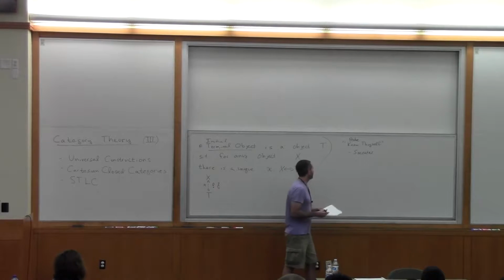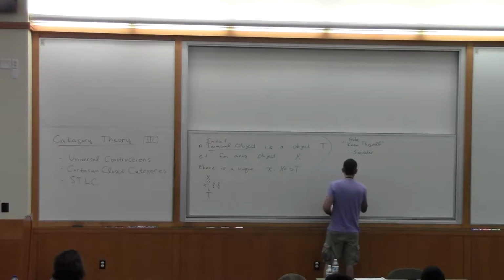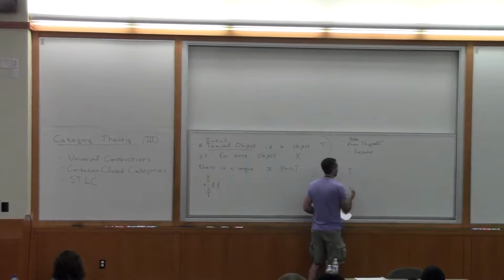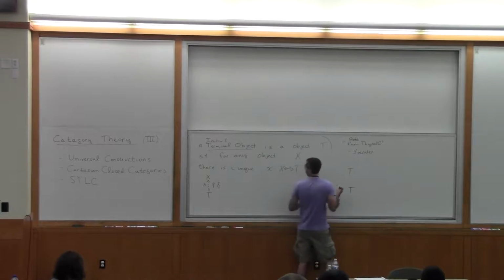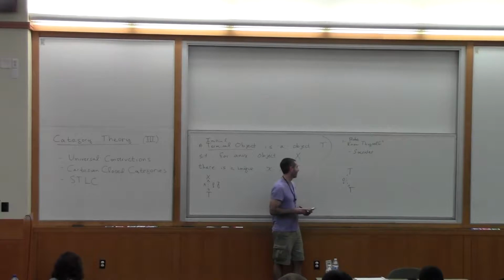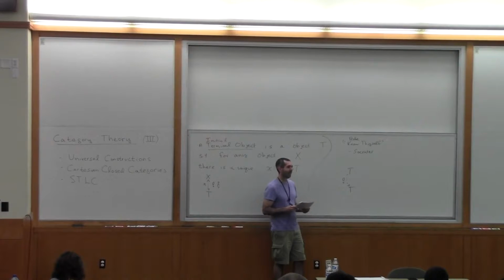Okay, so what does that mean in this case? It means here we have a terminal object, and as the probe, we pick the terminal object. So we have the distinguished bang map that goes from the terminal object to itself. But what other map do we know lives in that Hom collection?